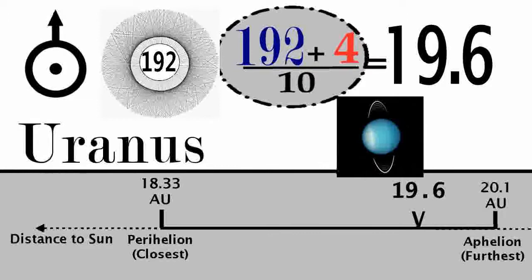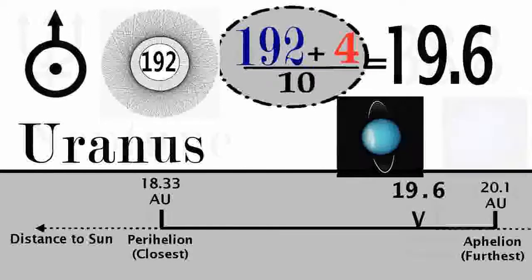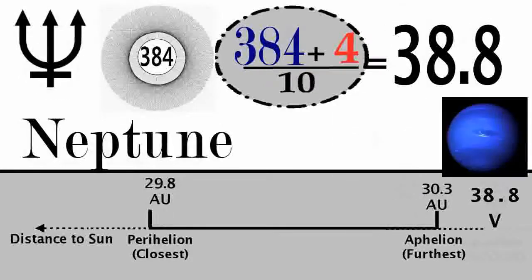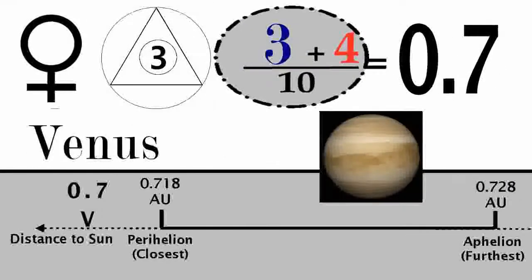Now you may have noticed here in these cards that there are 2 planets which do not fit Bode's law perfectly, and they are Venus and, as we see here, Neptune.